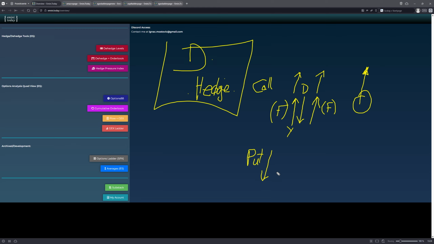So they have to hedge themselves by selling futures, right? Because their position is opposite to yours, because they sold you the put, so they are net long. And to neutralize the risk here, they have to sell futures.